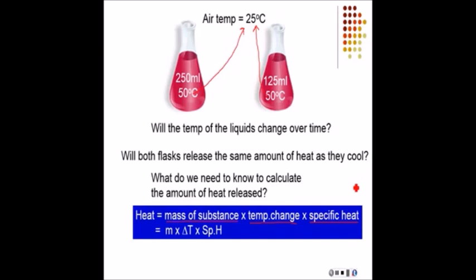So all materials have a property called specific heat, just like they have a property like density. Now I can shorten the formula instead of writing all these words by writing M for mass, delta T, which means change in temperature. I'm just going to shorten specific heat to this so we know what it means. Many times they'll use a small letter for this, but I don't want to throw that in here.